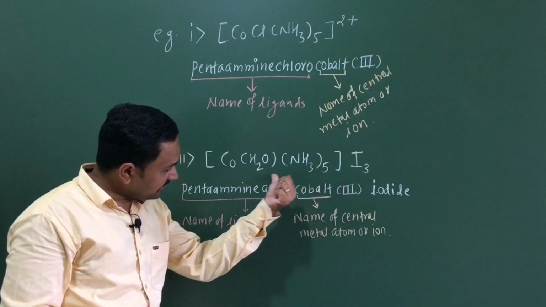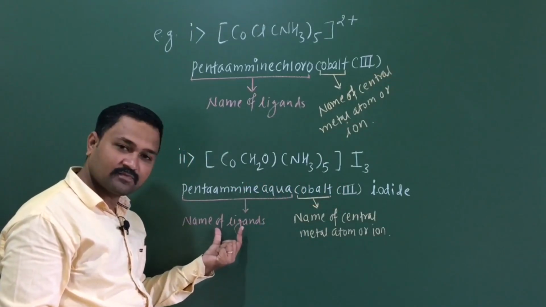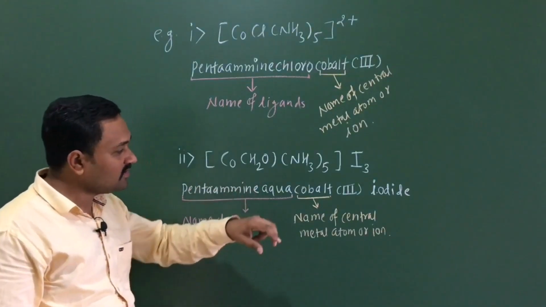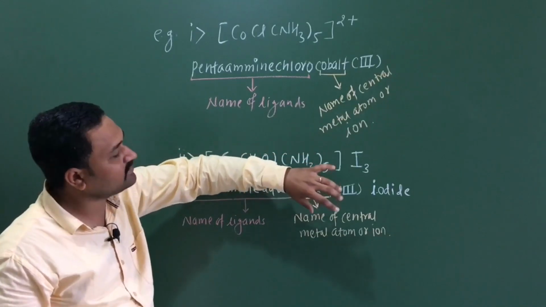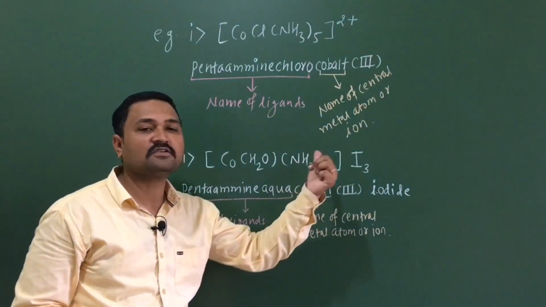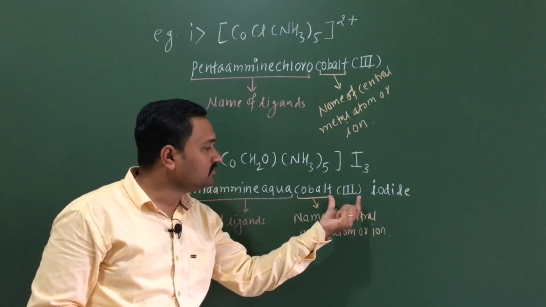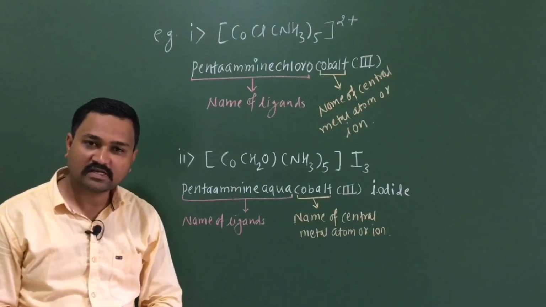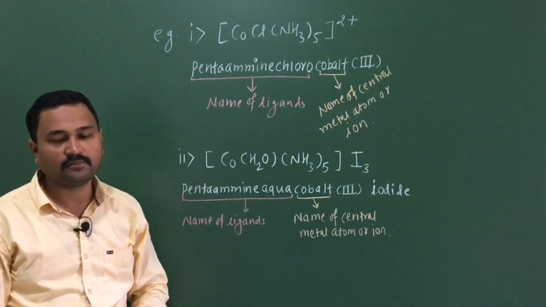So these are actually the ligands, so their names must be written first. Then followed by the name of the central metal ion, and this is your normal ion. Hence it is written after writing the oxidation state of the central metal ion. So this is your rule number second regarding the IUPAC nomenclature of these coordination compounds.